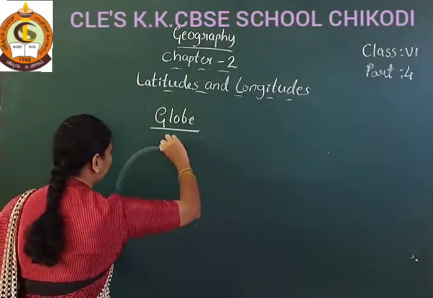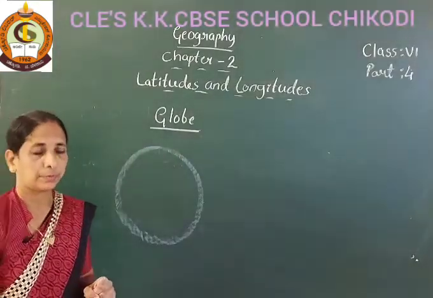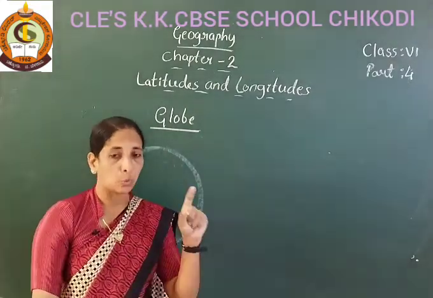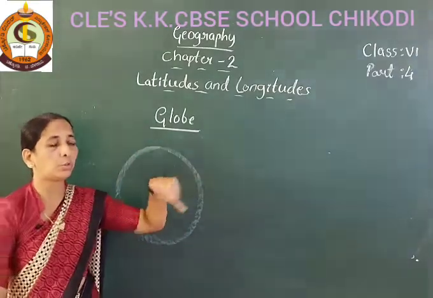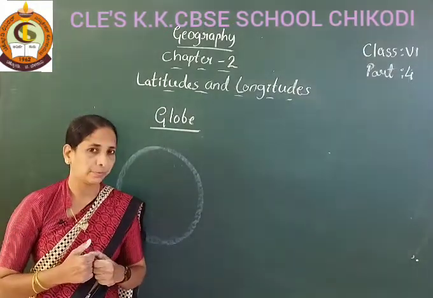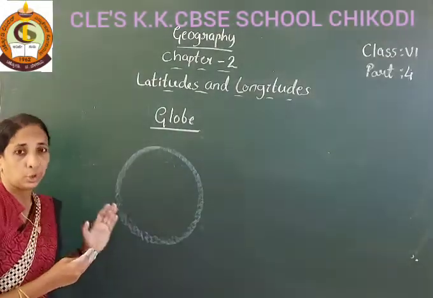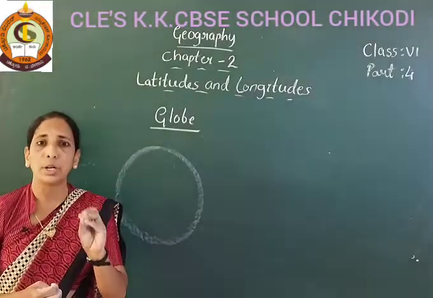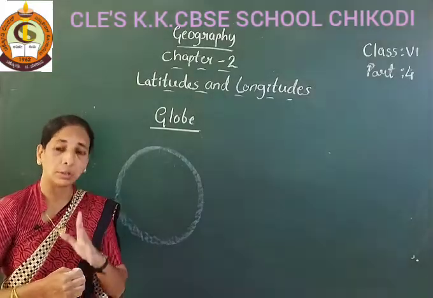What is a globe? A globe is the model of the earth. When we move around the world, we can't identify which shape the earth is. But when we see a globe, the globe is the model of the earth.